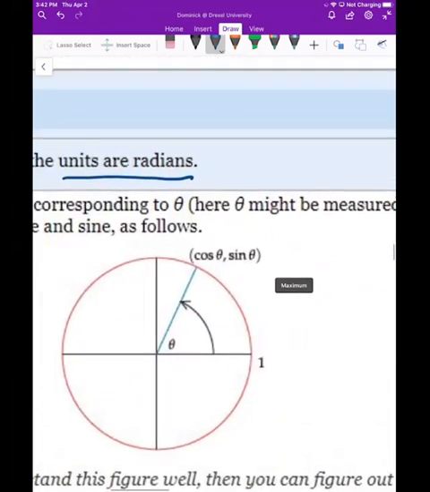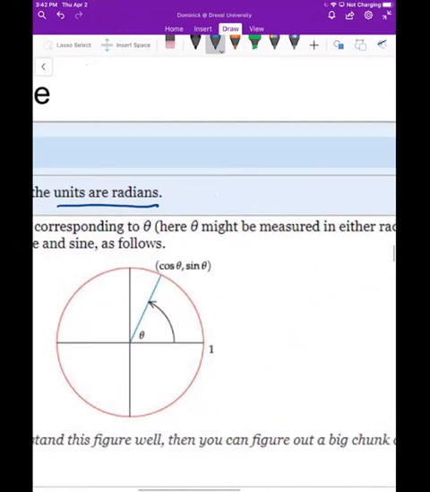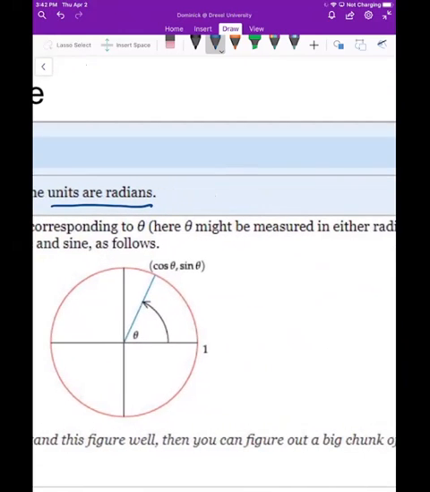Okay, so here we have a part on the unit circle, and we can talk about how cosine and sine are defined sort of in this way. Now, this theta here corresponds to some point x, y on the unit circle, right?